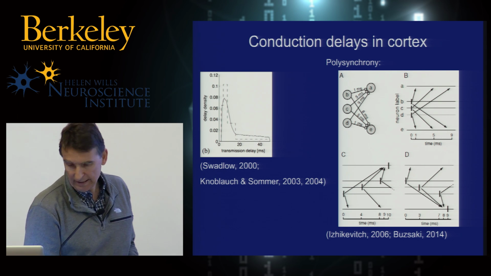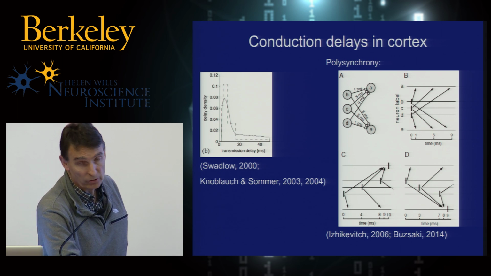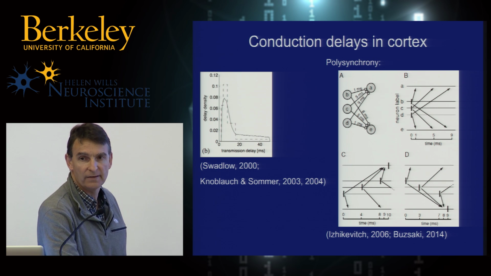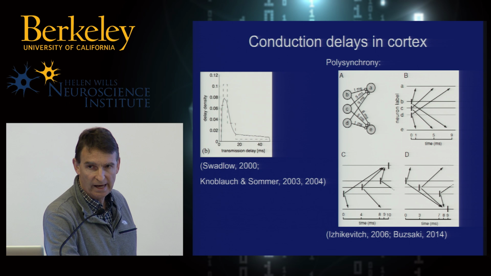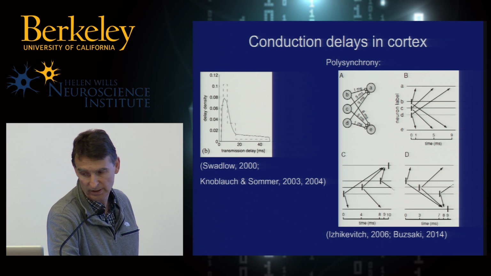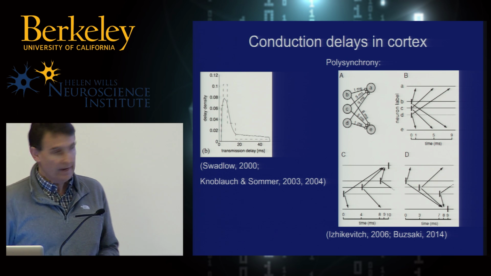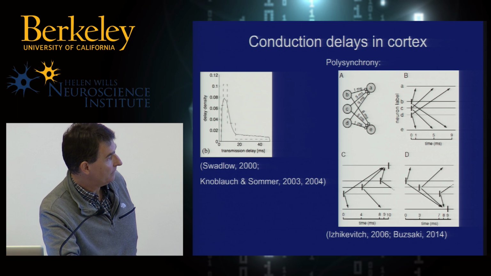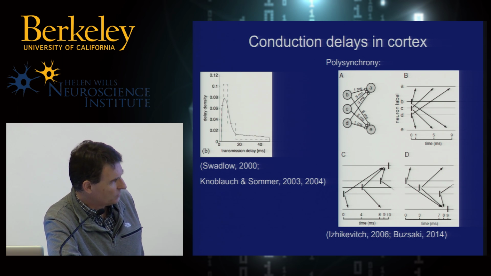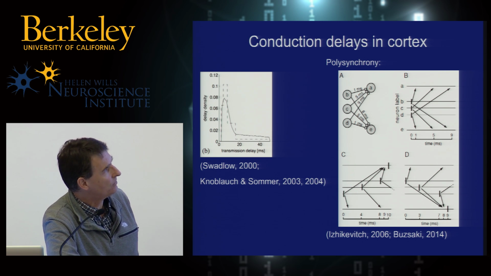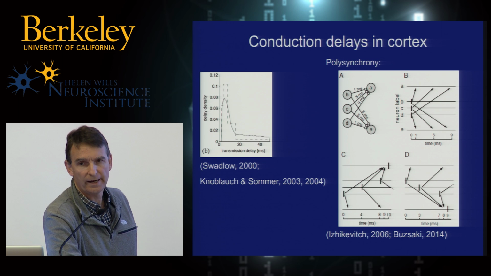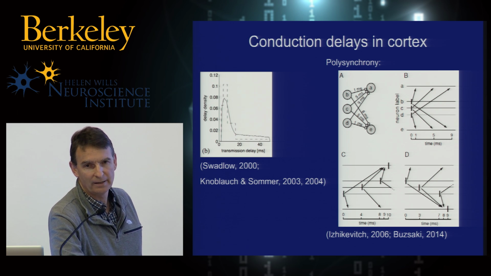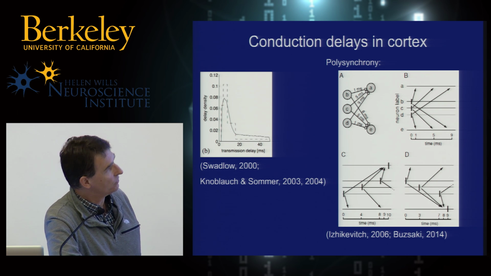And it is not clear that if two neurons fire together, their signals arrive at the neurons they synapse to at the same time, given this dispersion of conduction delays. Therefore Eugene Izhikevich and also Buzsaki put forward that maybe what really counts is not synchronous firing, but synchronous arrival of synaptic inputs.